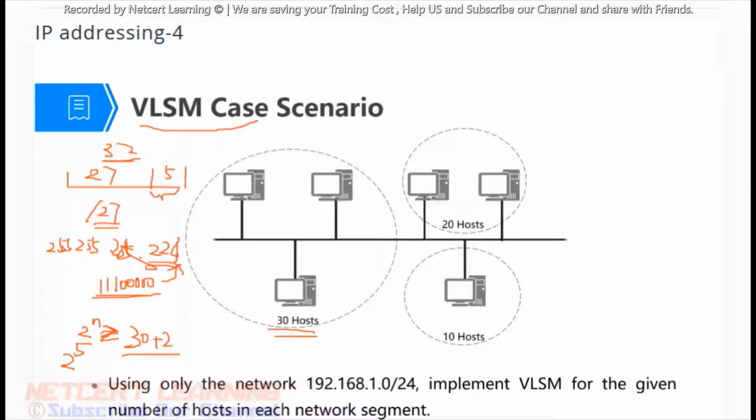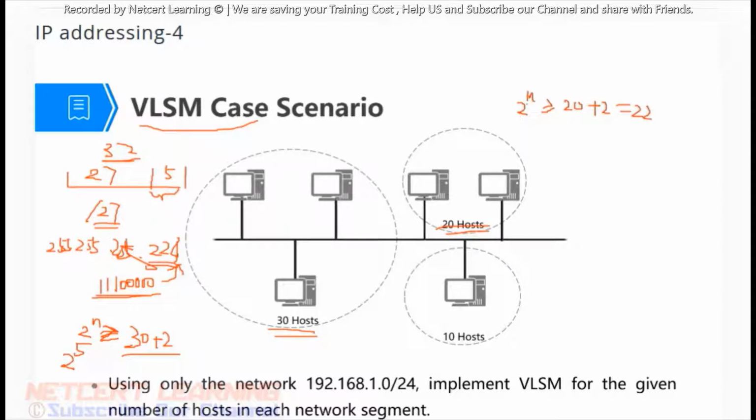Another network contains 20 hosts. For 20 hosts, you calculate 2 power n should be greater than or equal to 20 hosts plus 2, that's 22.